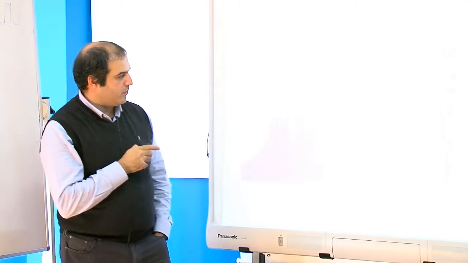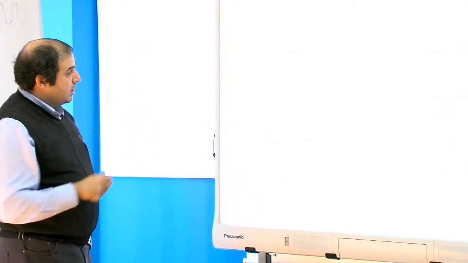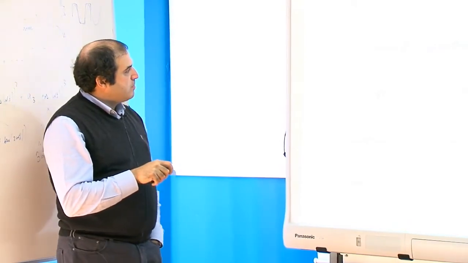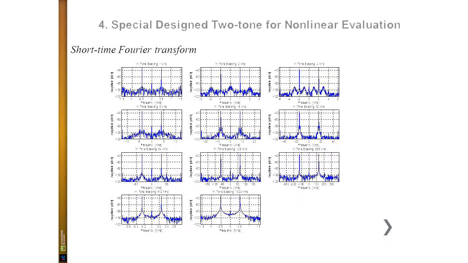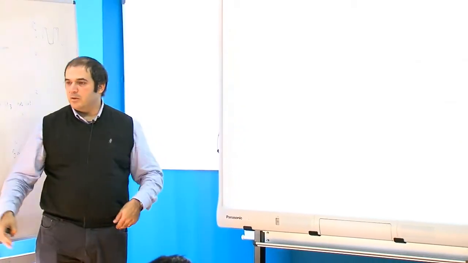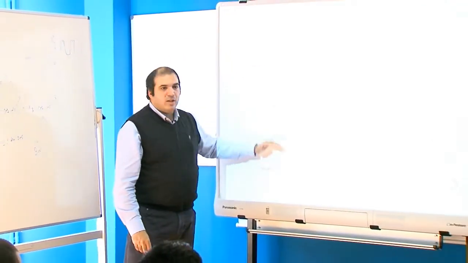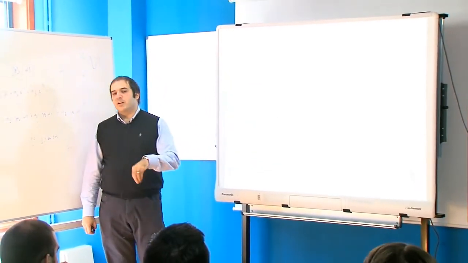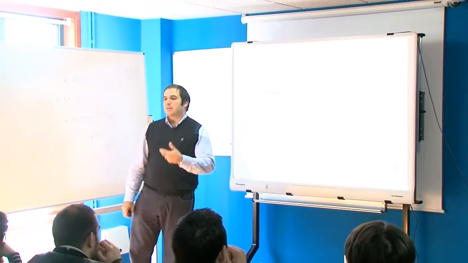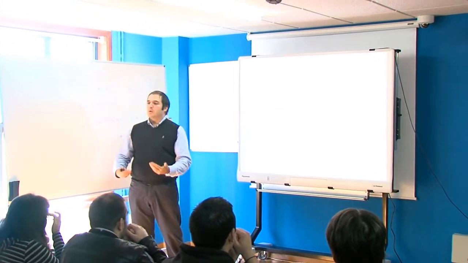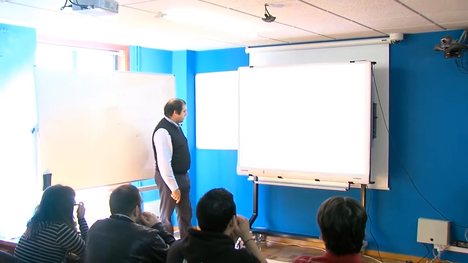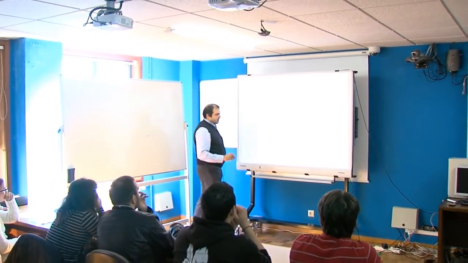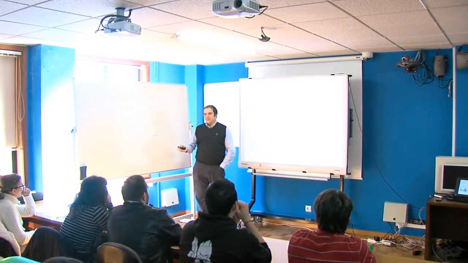And actually, if you capture figures, you can see tone spacing of 1 kilohertz, 2 kilohertz, 4 kilohertz, 8 kilohertz, 16 kilohertz, 32, 40, and you can see what is happening for each tone spacing. And this is very important, as I said, to excite long-term memory effects, or what we call video bandwidth in that sense.